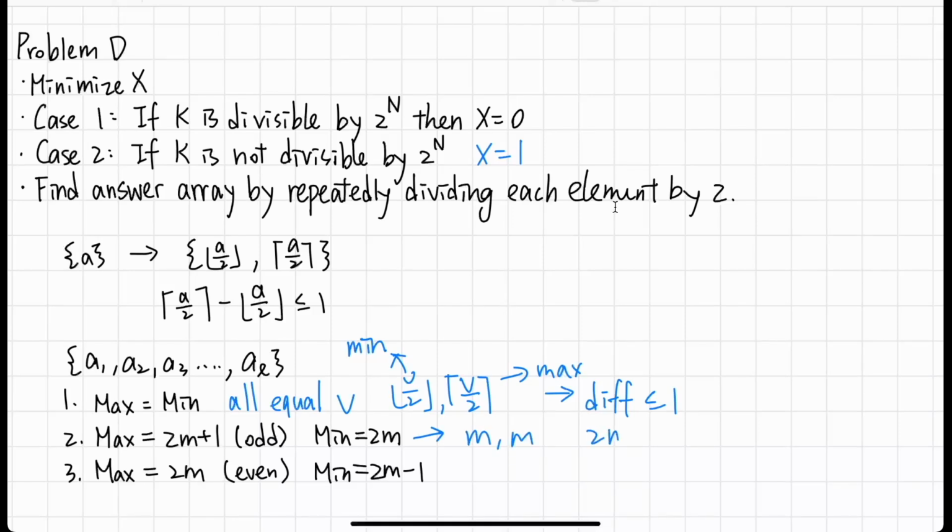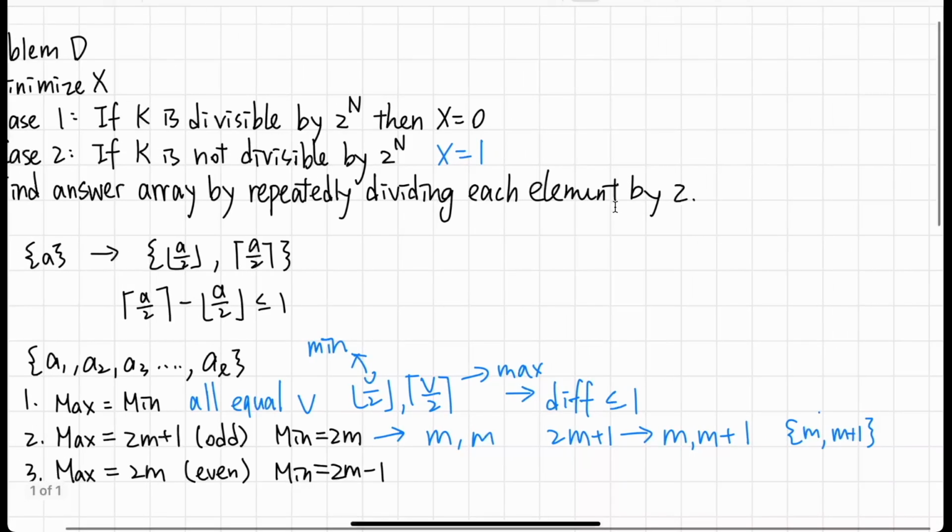If we split 2m plus 1, we get m and m plus 1. This gives that all the values are in the range m to m plus 1. So the difference is still less than or equal to 1.